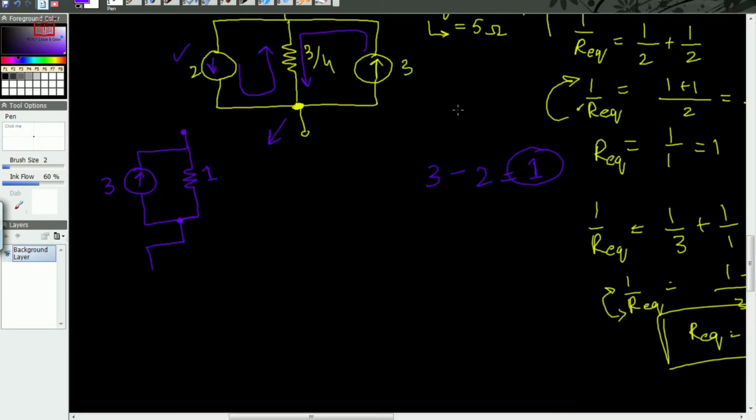It is very simple. One current is flowing toward down, the second is going toward up. What will happen? The current will definitely follow the majority direction, which will be from 3, because its polarity is 3. Let's suppose this is 3 currents. 2 currents are going to clash with these 2 currents, and it is cancelled.